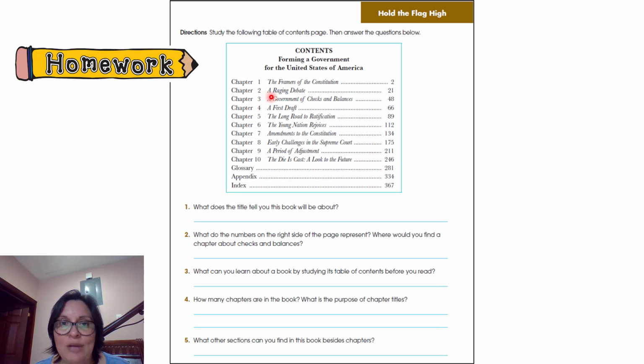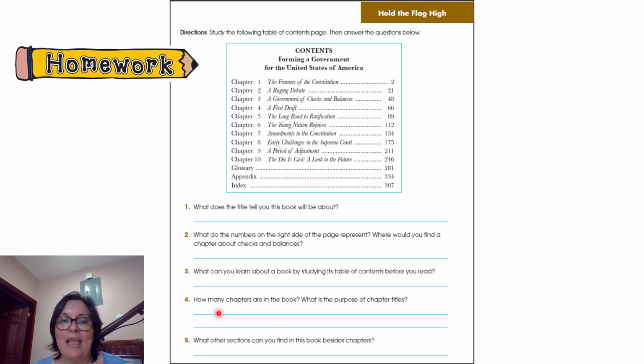Chapter 2, a raging debate. Chapter 3, a government of checks and balances, and so on. So what can you learn from the table of contents before reading a book? So answering here, what can you learn from that?